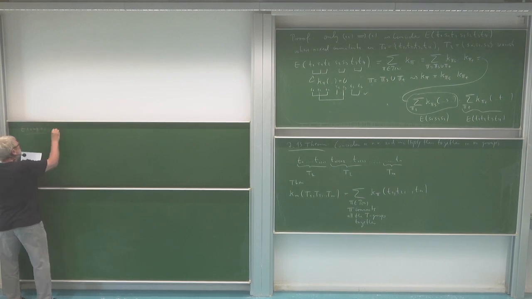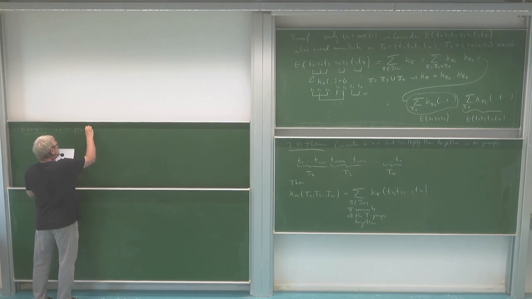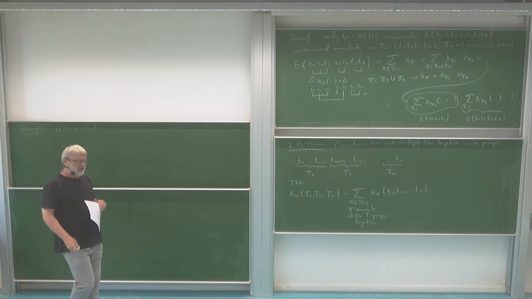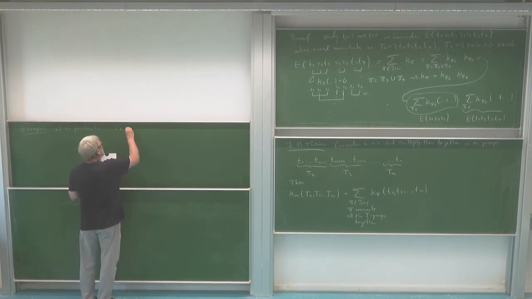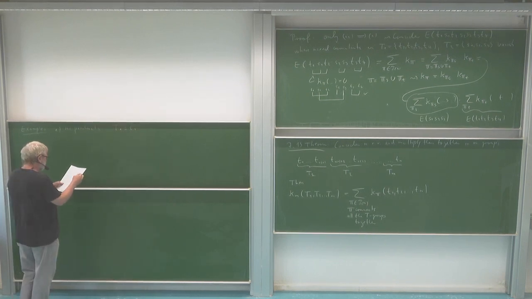Examples. So the first case is no products. So I have as many capital T's as I have little t's, and the capital T is just the corresponding little t, because there is no product involved. So what does this formula tell me then?